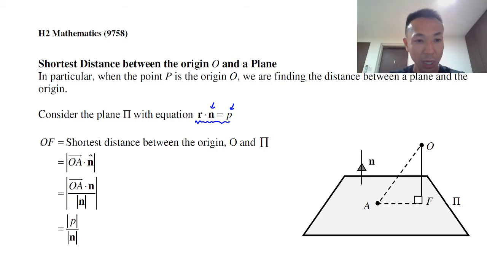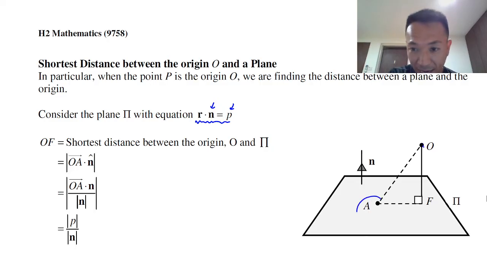Now, how do we find the shortest distance between O and the plane? I need to find a point A, right? So actually it's OA dot n hat, right? Agree? OA dot n hat. Now, n hat is n over the magnitude of n, of course. Now, what is OA dot n?